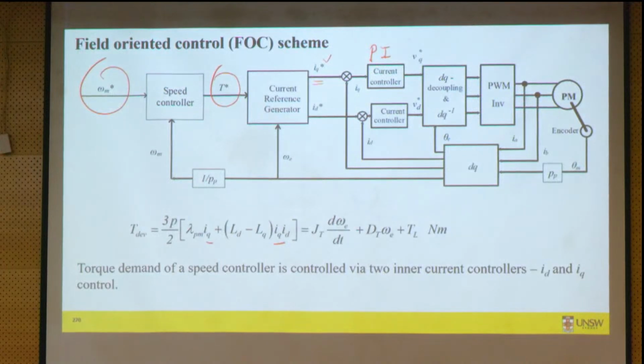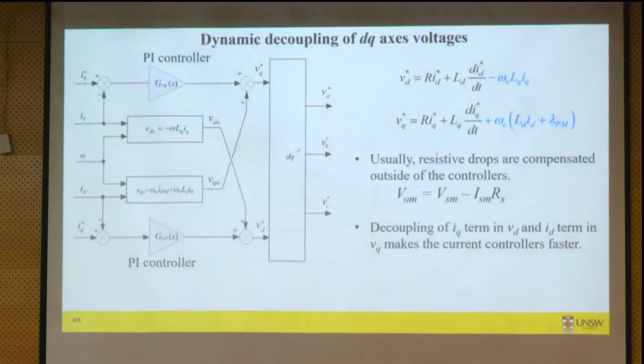So what are we doing with that coupling term? Usually, you design your PI controller from the voltage equation considering simply this. You design your PI controller considering only this.